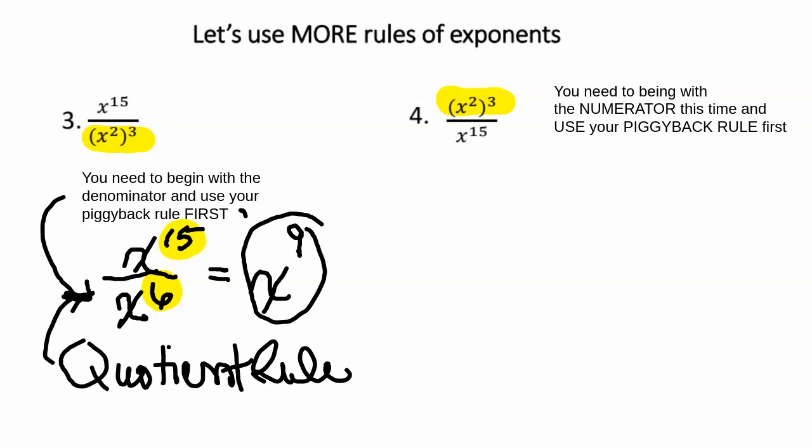Okay, well, this is going to give me x to the 6th over x to the 15th. Okay, notice what happens here.